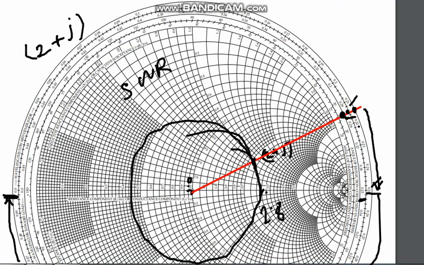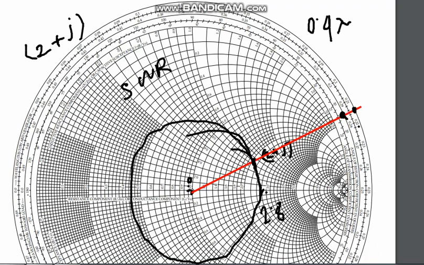Now, suppose no maxima or minima has been given, and they just give the minima shift 0.4. What should you do? First find out what the 0.4 is. Is it from load or from generator? If it is a load, go to here, there is the load, that is 0.4.